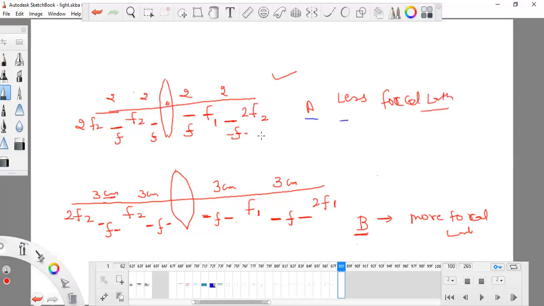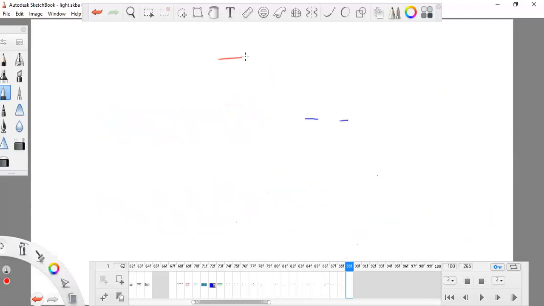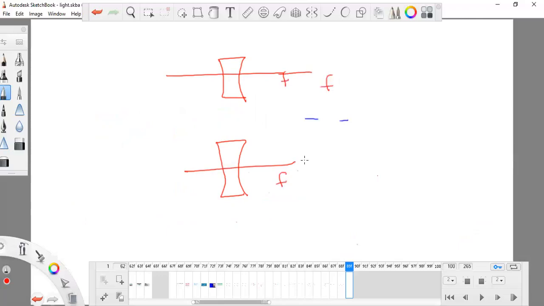Now how do the focal lengths affect this? And this will be applicable for this type of lens also. All of them have a principal focus. This capital F is known as the principal focus, don't forget this. F1 and 2f1, F2 and 2f2.